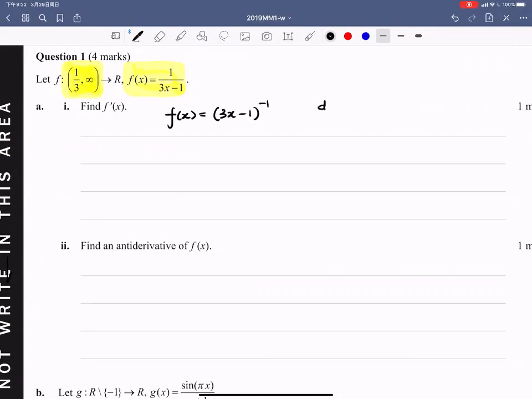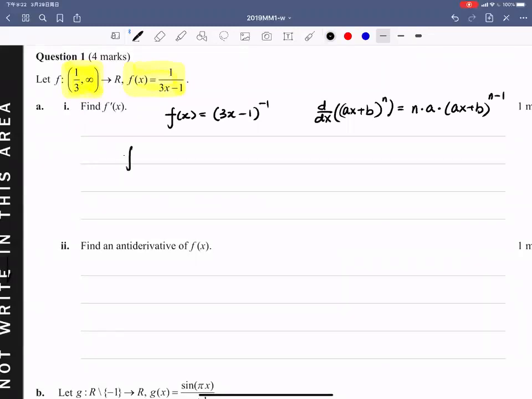Recall that if you have a function, especially a linear function, to the power of n, the derivative with respect to x is n times a times ax plus b to the power of n minus 1.